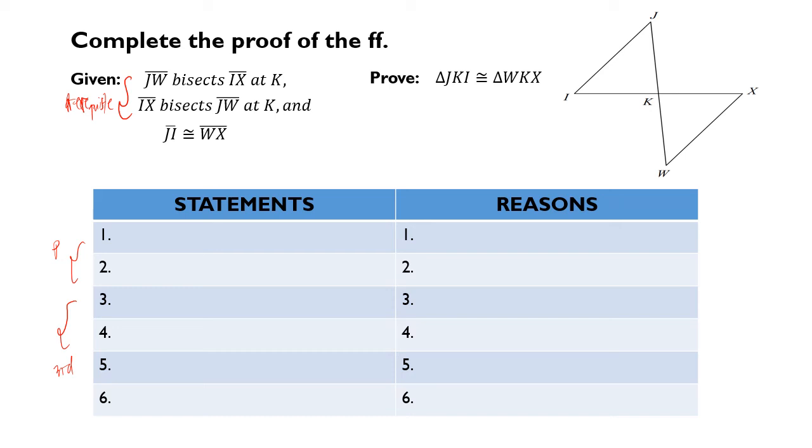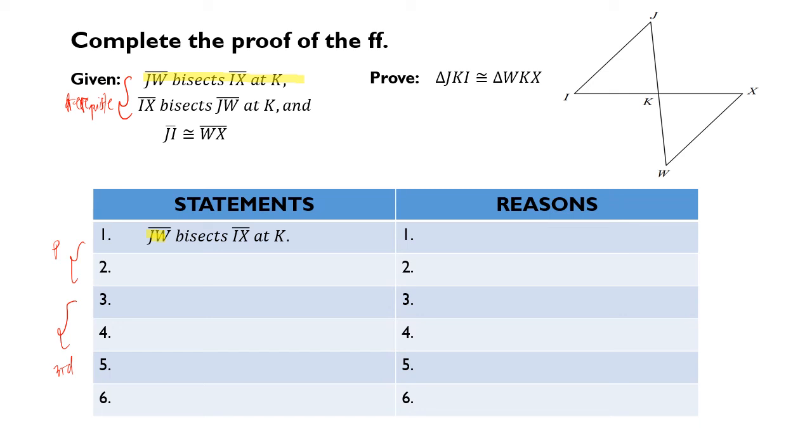Okay, sa statement column. Unahin muna natin yung first statement. Okay, write the first statement here. But you have to find out the congruency. You have to look into the diagram. Take note that side JW is the bisector here, and we are bisecting side IX at K. We will not divide JW into 2 parts, but we will divide side IX.